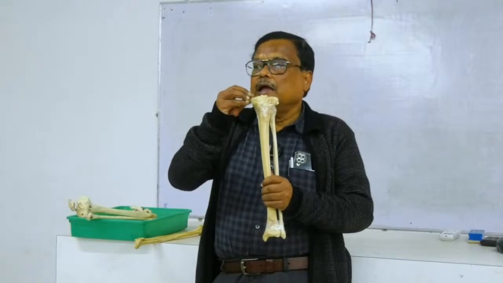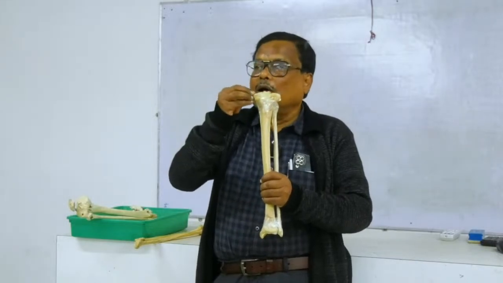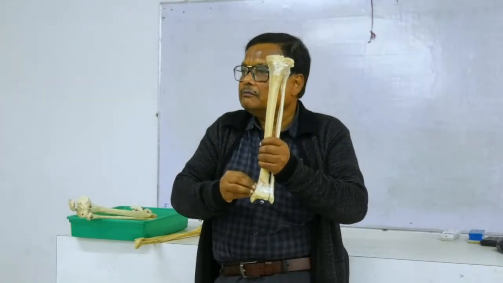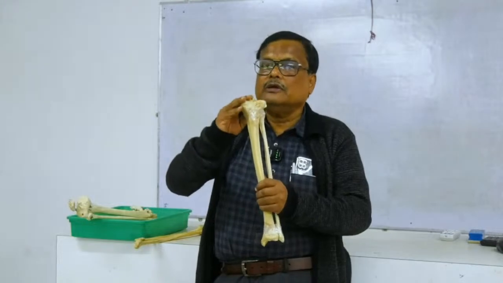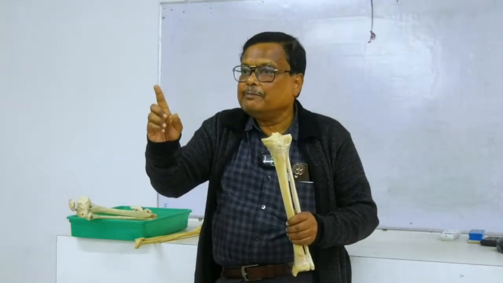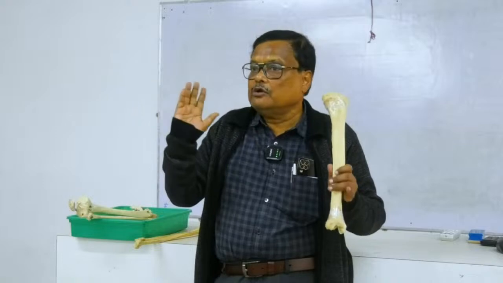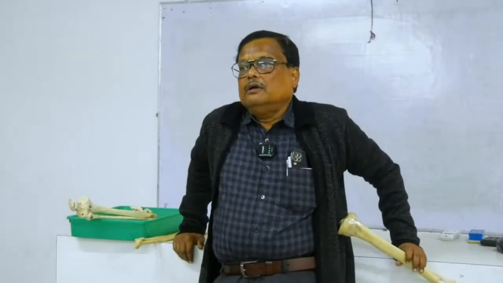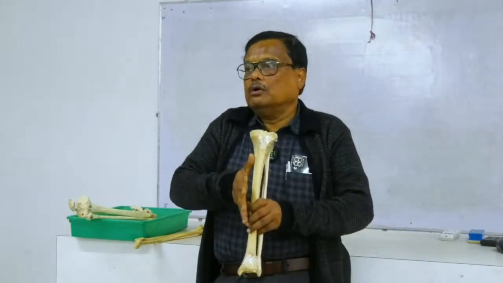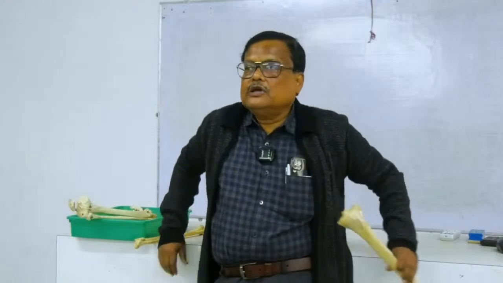Suppose the upper end appears first, at say 1 year, and the lower end appears at 4 years. Ultimately the secondary centers of ossification give rise to the epiphysis, and the primary center of ossification gives rise to the diaphysis. Put every one of these in your head. The main part of the bone formed from the primary center is called the diaphysis, and the end formed from the secondary center we call the epiphysis.